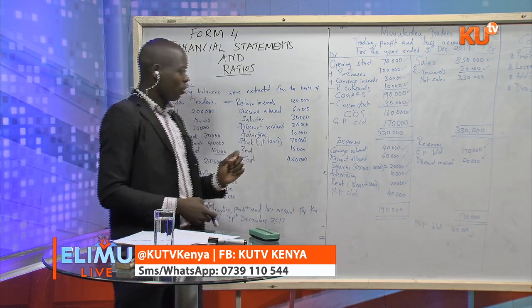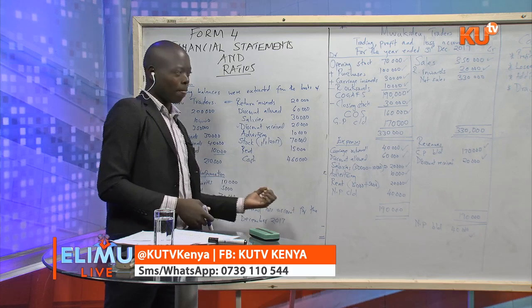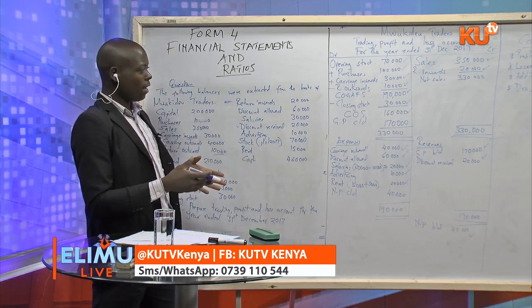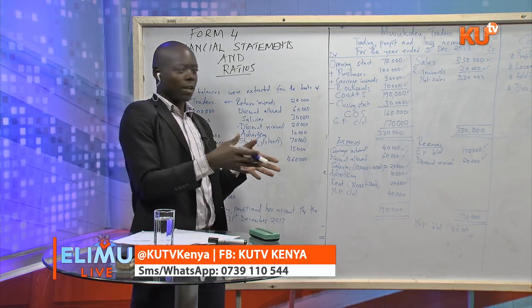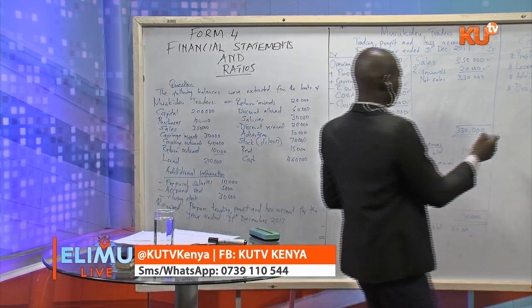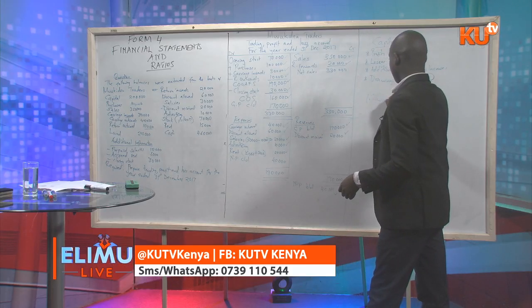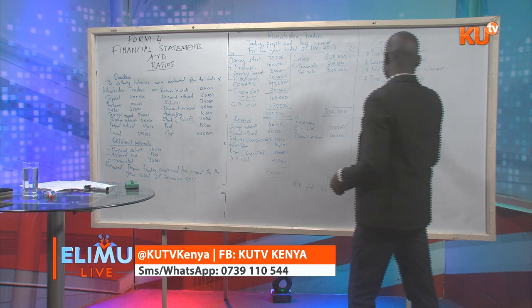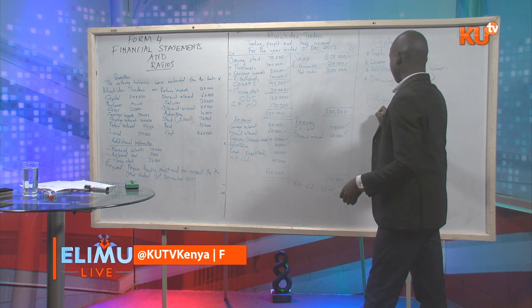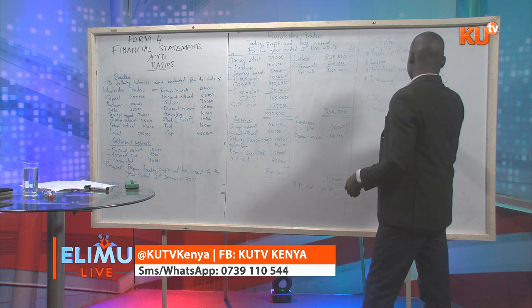Lastly, if you had been given provision for depreciation, when you're transferring the figure for the asset to the balance sheet, you have to take that into account. If you had the record for machinery, that is 50,000, and then there was a record for depreciation, the figure had depreciated by 5%.